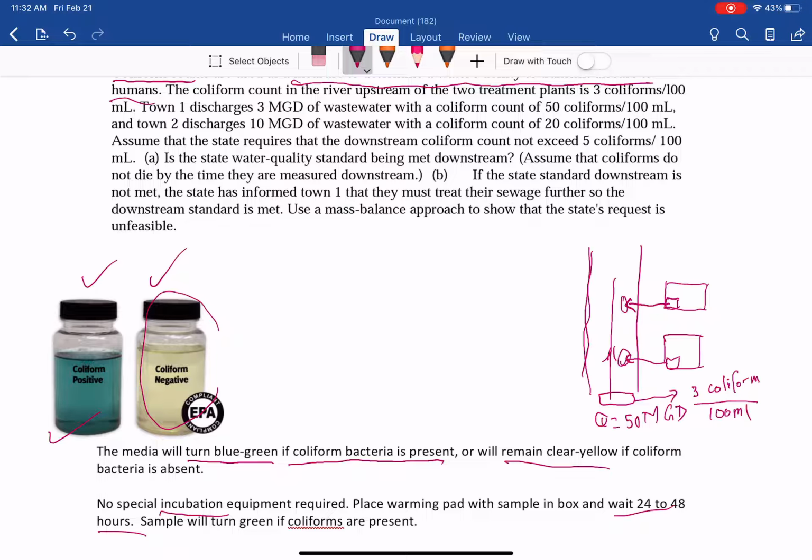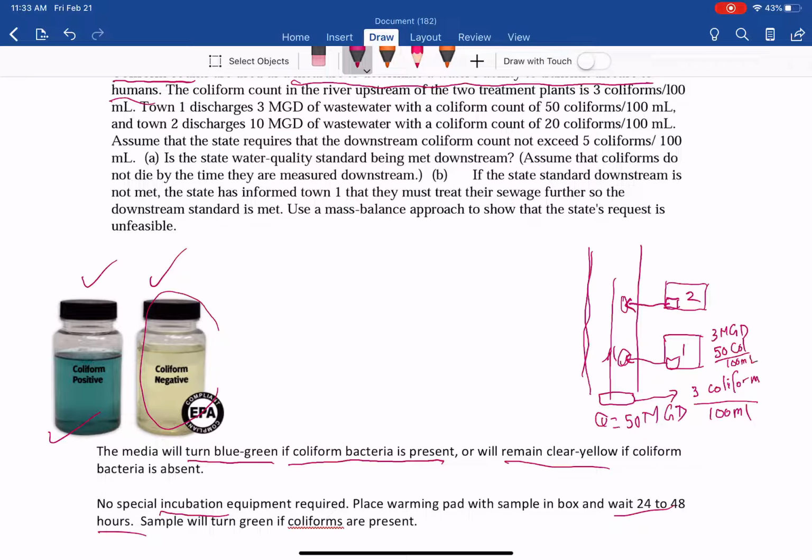Let's just call this one Town 1 and Town 2. Town 1, the flow is 3 million gallons per day of wastewater, with coliform count 50. I'll just put COL per 100 ml to indicate coliform.